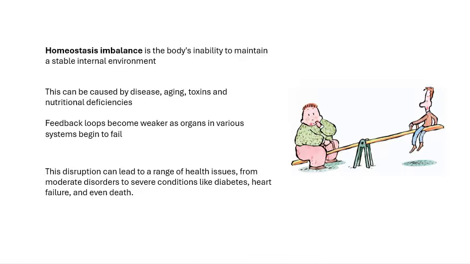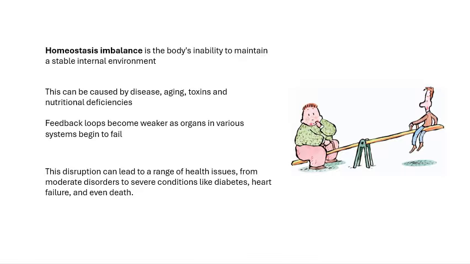So, aging. As we get older, our control mechanisms become less efficient, because our organs are getting older, and they're only designed to last for a certain amount of time. As we get older, our organs start to fail, and many of these regulatory systems rely on several organs working together efficiently.